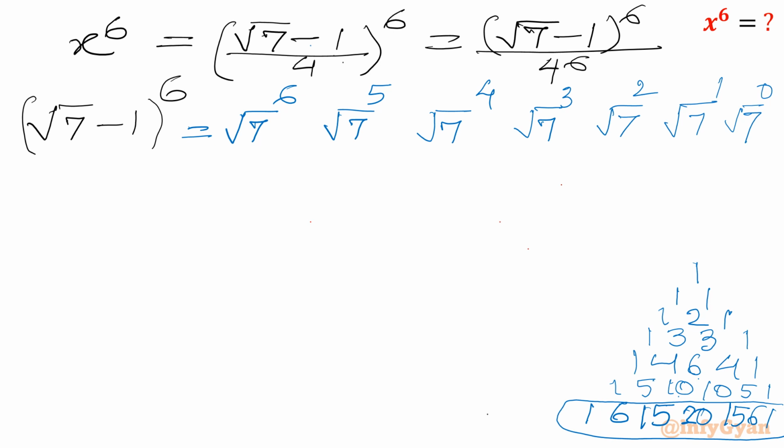Now I will use coefficients 1, 6, 15, 20, 15, 6, 1. Now sign in between, because here we have minus sign. So I will write minus for odd powers.